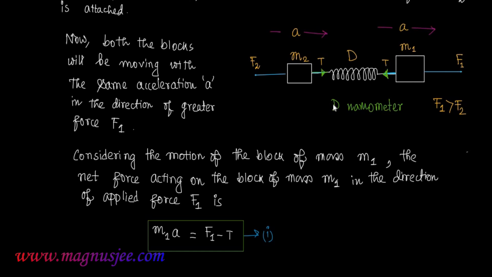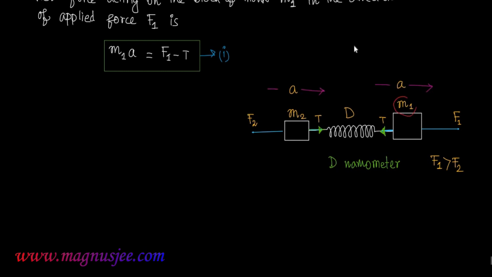Here M1 is moving with acceleration A towards right, and there are two forces F1 and T. So M1A will be equal to F1 minus T.